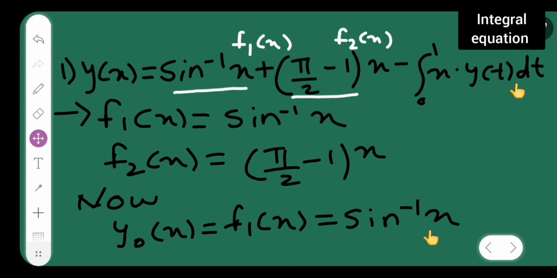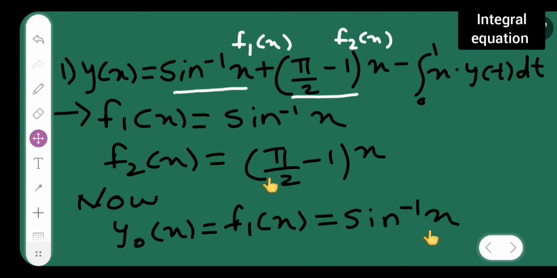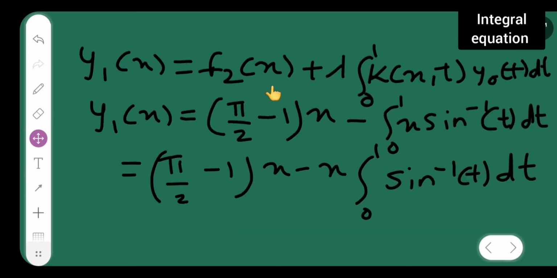So now I need to find y1(x), which is equal to f2(x) plus lambda times the integral from 0 to 1 of k(x,t)·y0(t) dt. Now y1(x): what is my f2(x)? It is nothing but (π/2 − 1)x, so I write that here.